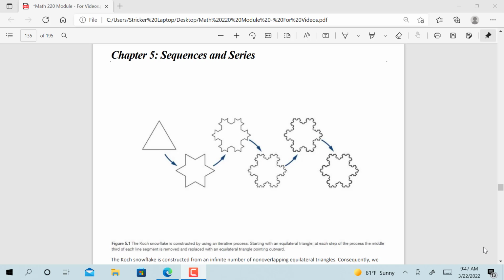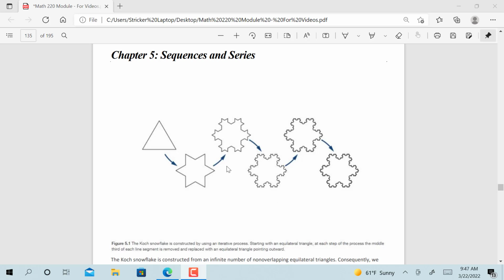Chapter 5 deals with the idea of sequences and series. The very first section we're going to be doing in this video covers what a sequence is. And basically all a series is, is a sum of an infinite sequence of terms.